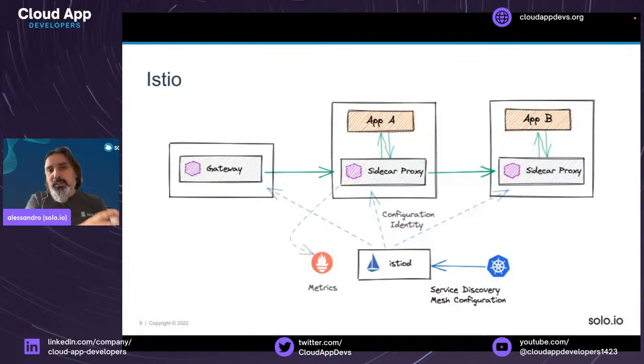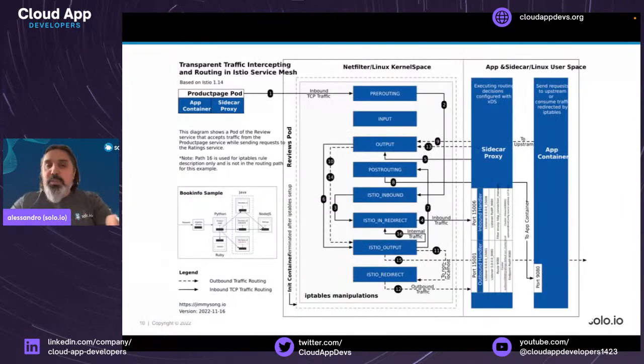Istiod translates those declarations of intent, those CRDs or APIs, into Envoy configuration down to the proxy, and distributes them through a very efficient mechanism, the xDS discovery protocol of Envoy, which we're not going to talk about much, but that's how it works in general. So this is more or less what you will see in every service mesh.